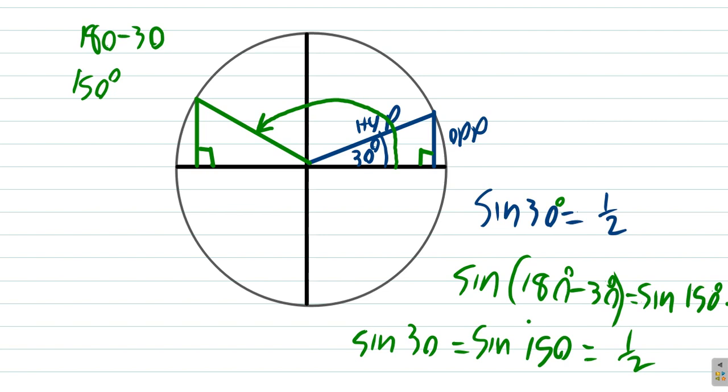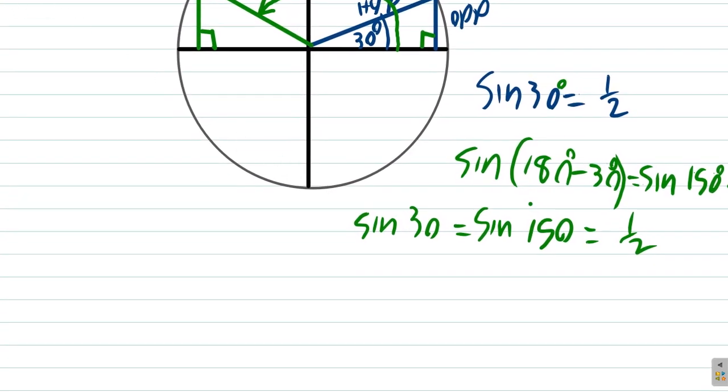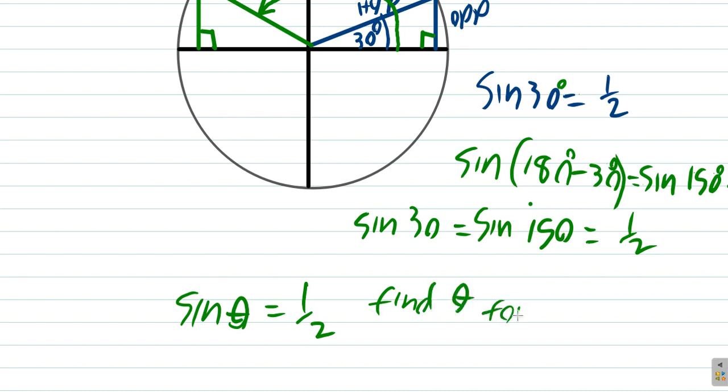Now, suppose you were given an angle. You don't know the angle. Sine theta is equal to a half. And you're asked to find theta for theta being greater than or equal to 0 degrees, less than or equal to 360 degrees.